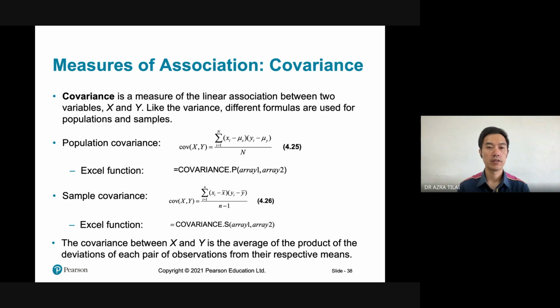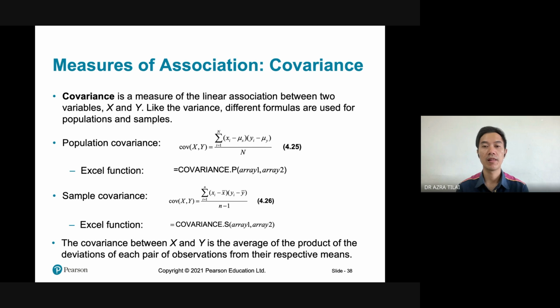So what is covariance? A covariance is a measure of linear association between two variables, which are x and y. So normally we have the independent variables and the dependent variables. Dependent variables will depend on the independent variables.